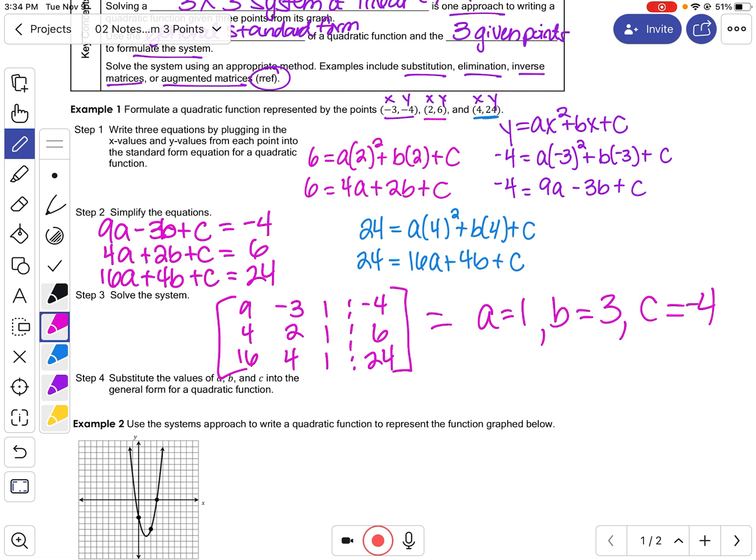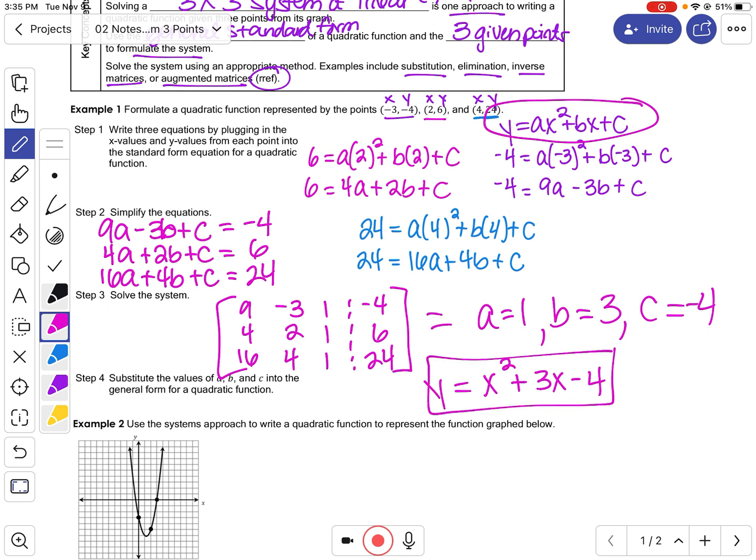Okay, so once we find A, B, and C, then we can plug it back into the standard equation to find our actual quadratic equation. So y equals A is 1, so I actually don't have to write a 1. I can just put x squared. Plus B is 3, so 3x. And then plus C is -4, so -4. So we're looking for our quadratic function given 3 points.